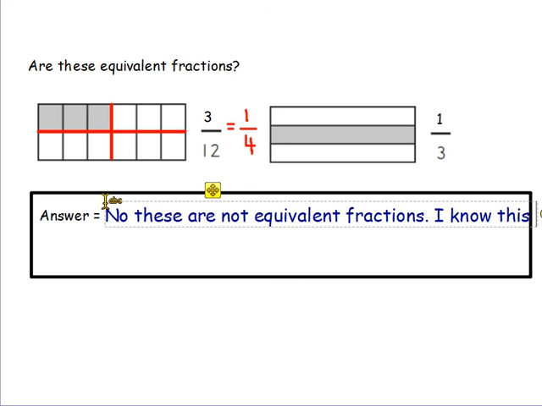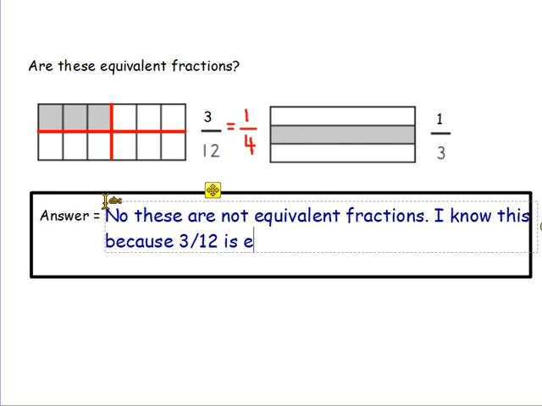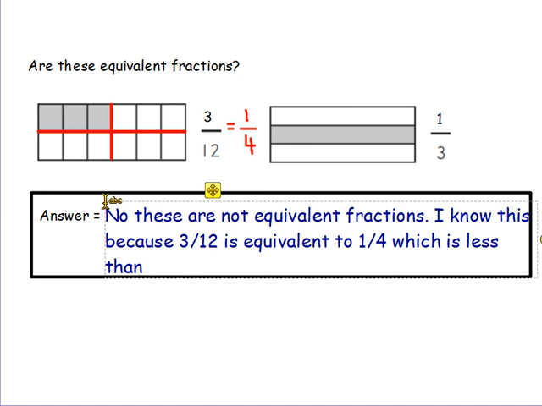I know this because 3/12 is equivalent to 1/4, which is less than 1/3.